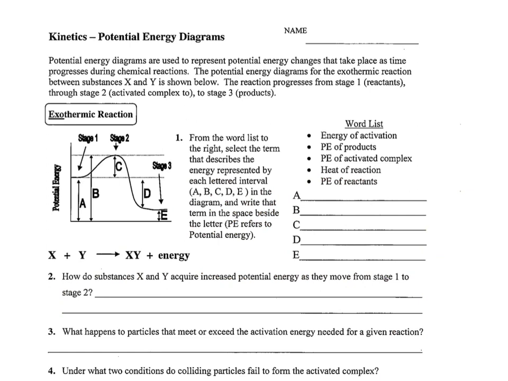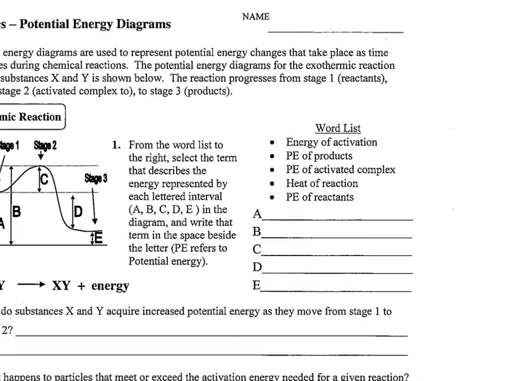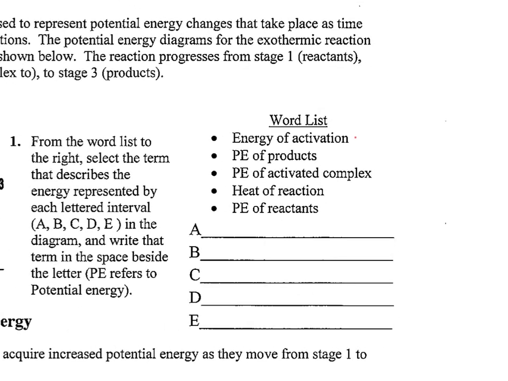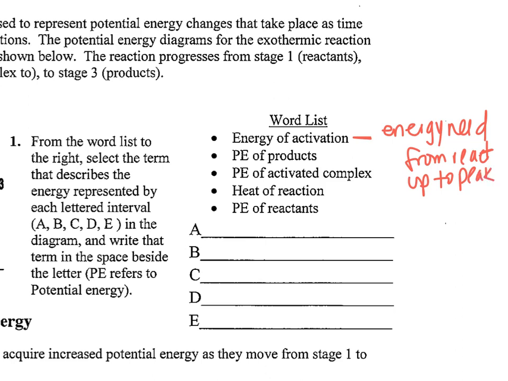So for this page, the one thing that I want to point out are some of the words here. Where it says energy of activation, again, that's how much energy you need to get from the reactants up to the peak where it's activated. The potential energy of the activated complex is the energy it has when it's all the way up at that peak.